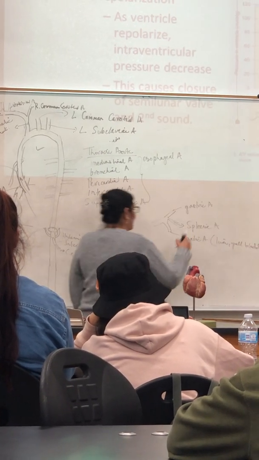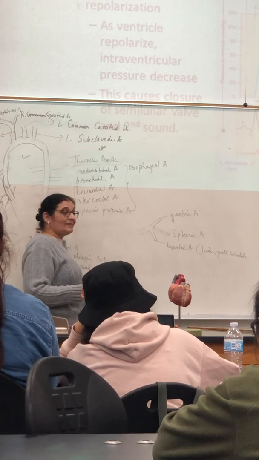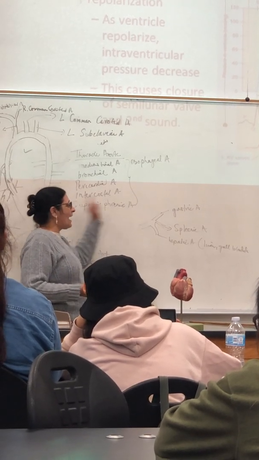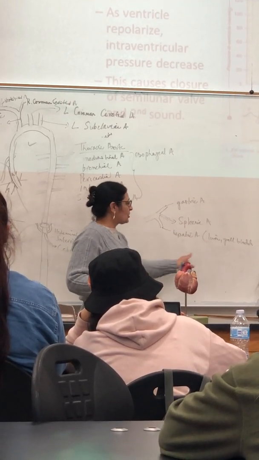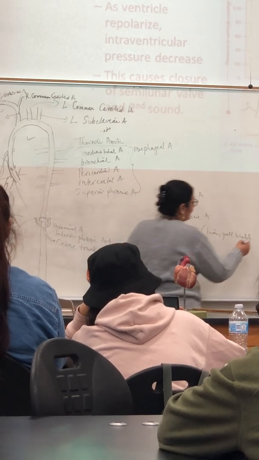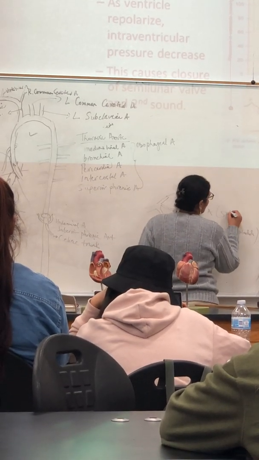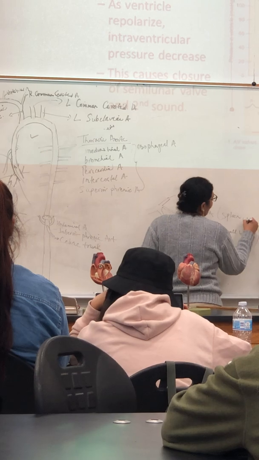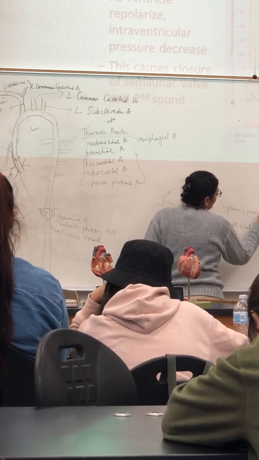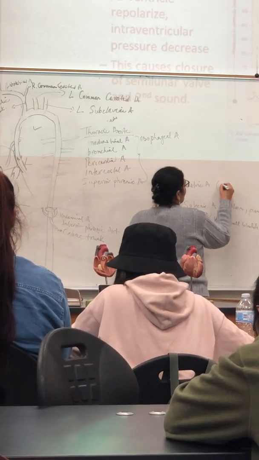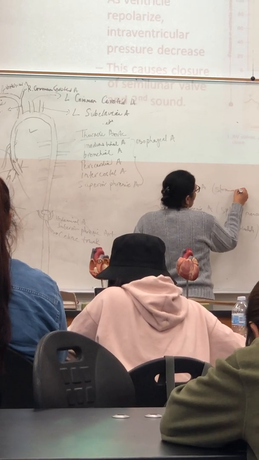So this takes a right turn, it goes towards the right side and supplies blood to the liver and the gallbladder. The splenic will supply blood to the spleen and the pancreas. The gastric will supply blood to the stomach.